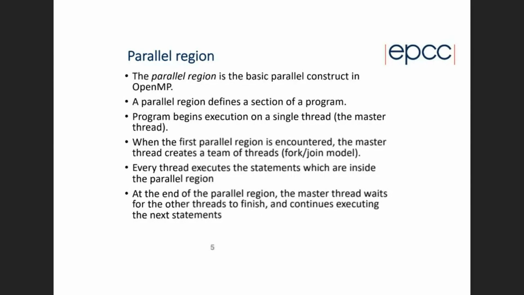Once we're inside the parallel region, every thread executes the code statements inside the parallel region. Then at the end of the parallel region, the master thread waits for all the other threads to finish, and then it continues sequential execution of the next statements in the program until we get to the next parallel region.